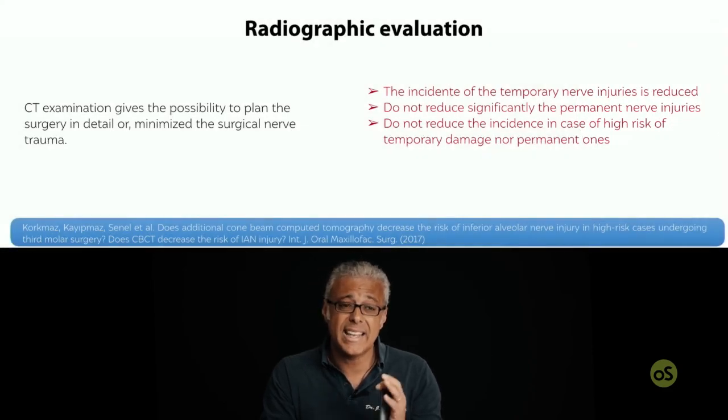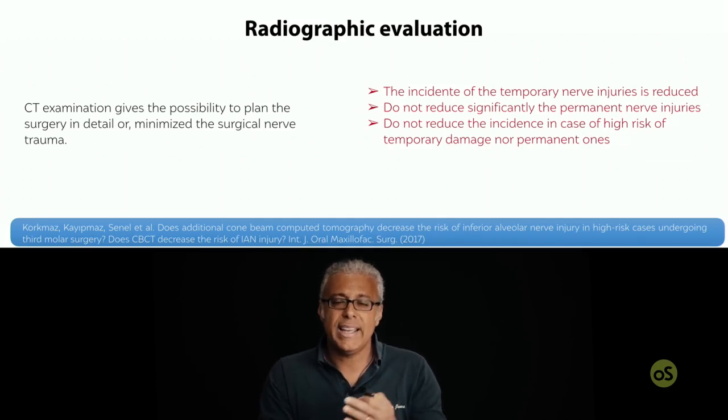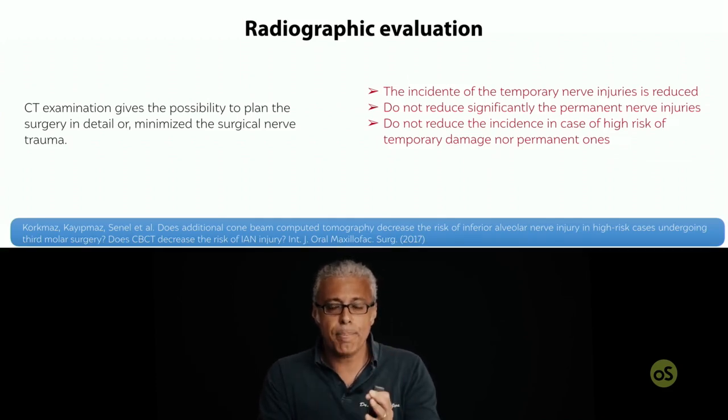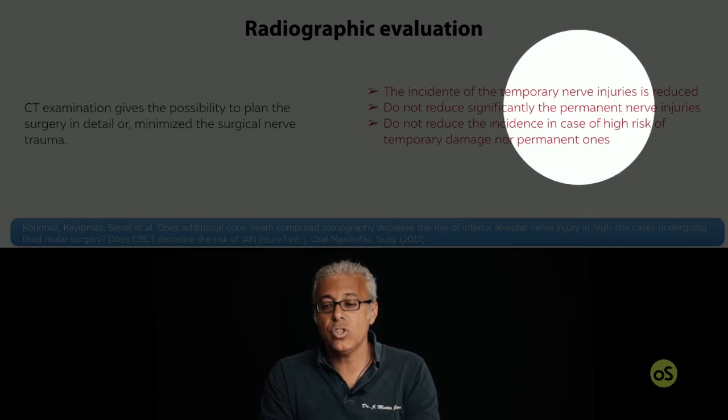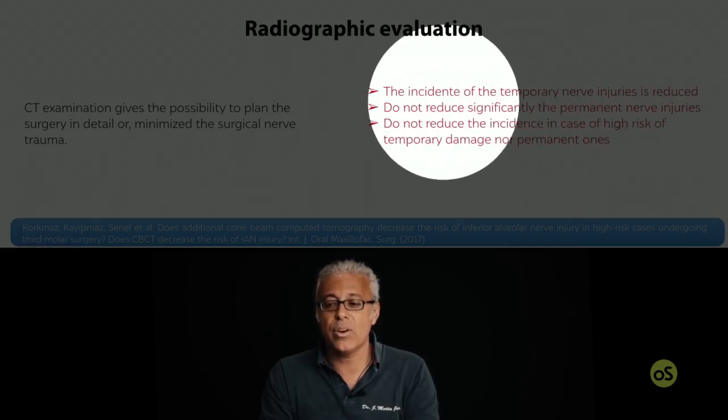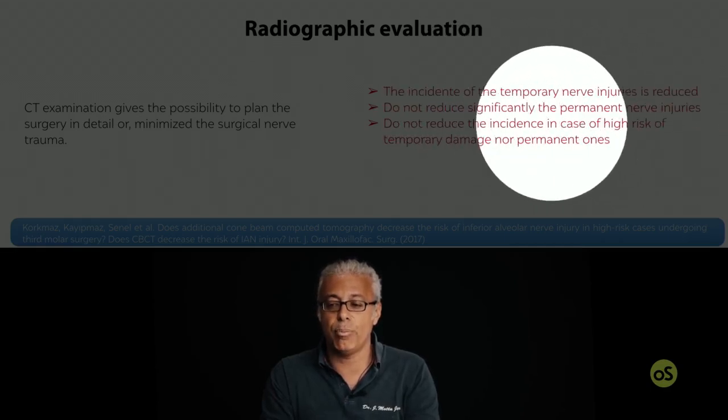So this means that if the nerve is placed in the wrong place, we can't reduce this kind of issue by looking at the X-ray, and also we can't reduce the incidence in case of high risk of temporary or permanent damage.